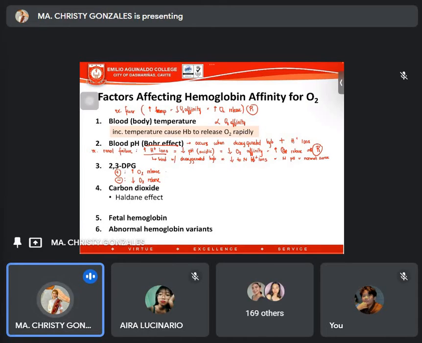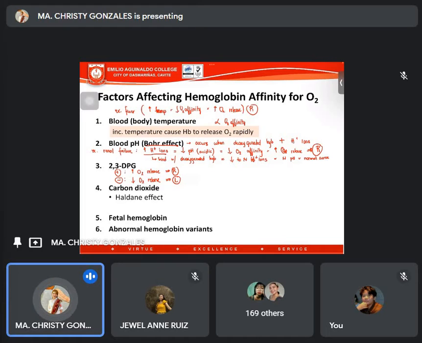So, kung merong 2,3-DPG, then that is shift to the left or right? Kapag increase ang release, pag may 2,3-DPG, shift to the right. Pag wala naman, left. Okay? Pag wala, left.